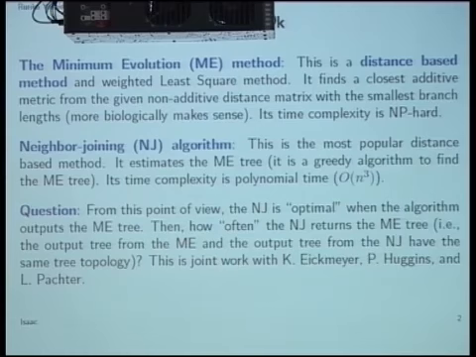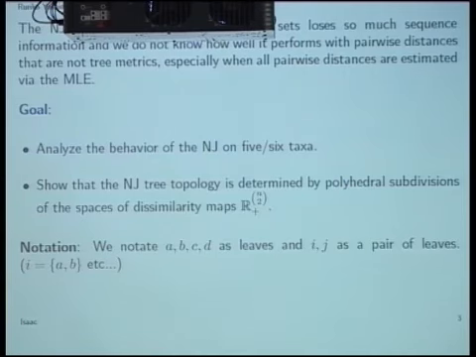So, like the earlier talk, we know that the neighbor joining tree for a large data set loses so much information, and we don't know exactly how well it performs with pairwise distance matrices estimated using MLE. So our goal is to analyze the behavior of the neighbor joining method on 5, 6 taxa and more.